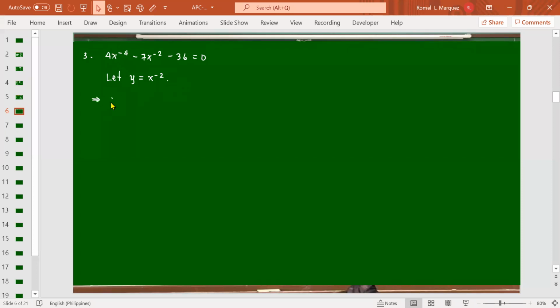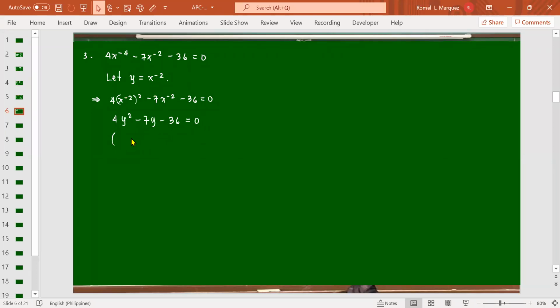This equation can be written as 4 times (x to the -2) squared minus 7x to the -2 minus 36 equal to 0. So hence we have 4y squared minus 7y minus 36 is equal to 0.